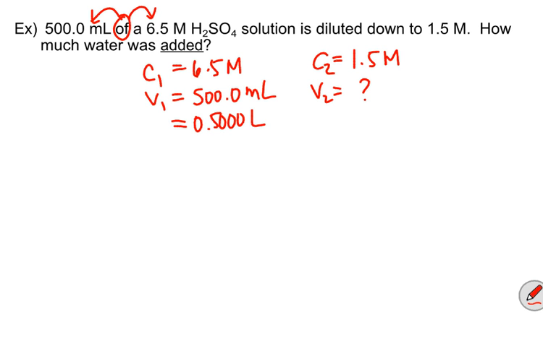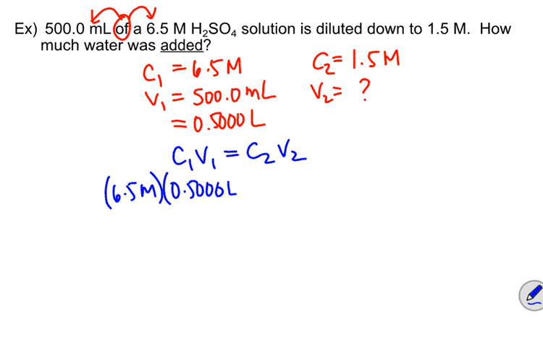Now you have to remember that this water that's going to be added is not necessarily my V2. So let's go ahead and solve for V2 using my dilution formula, and I'll show you what I mean. So C1V1 equals C2V2, so I've got 6.5 molar times 0.5000 liters.